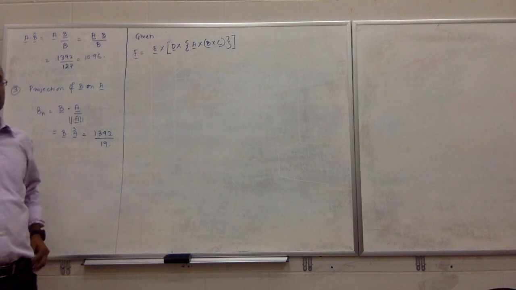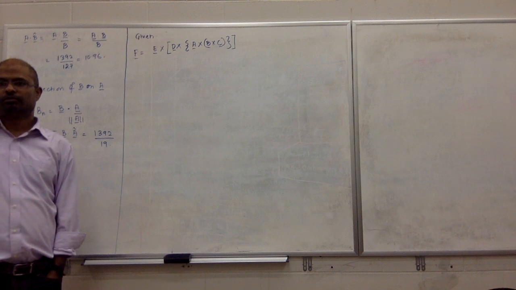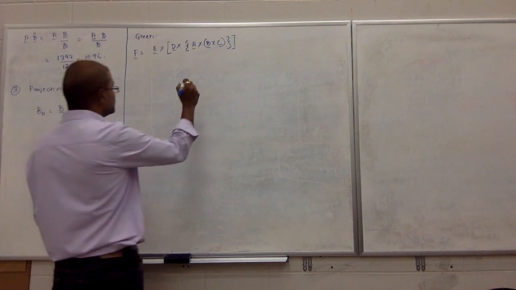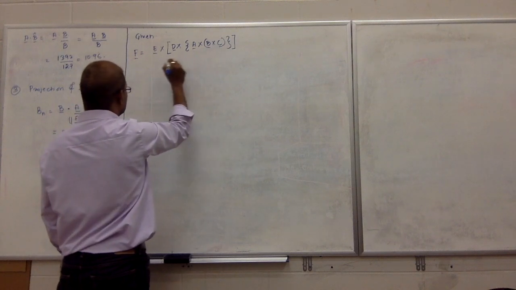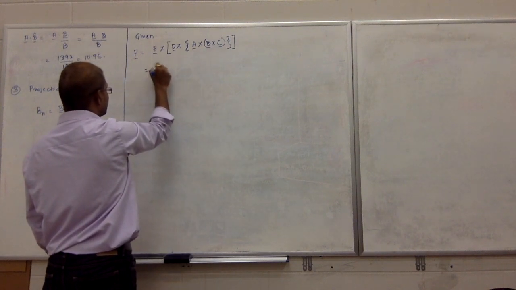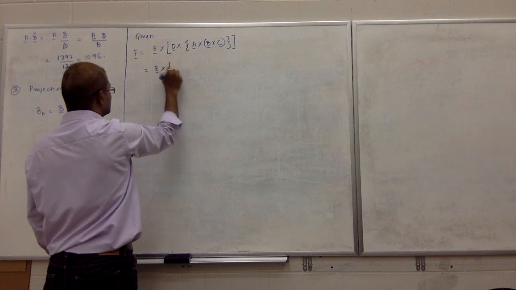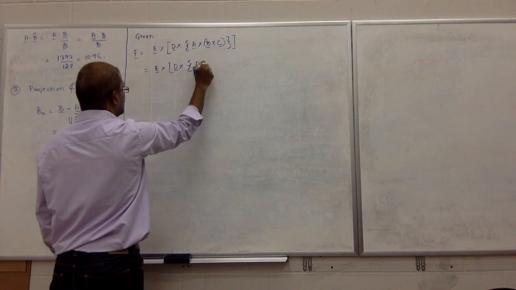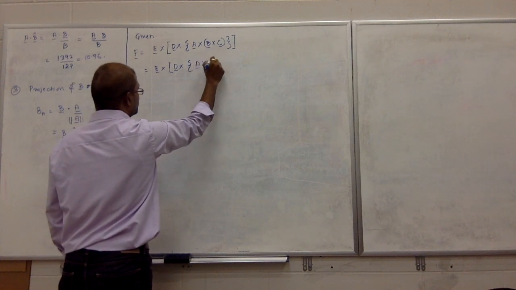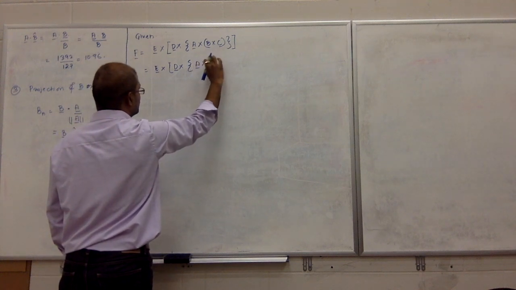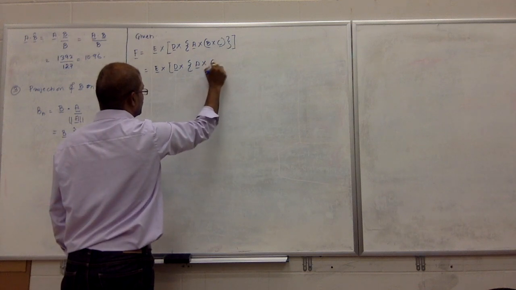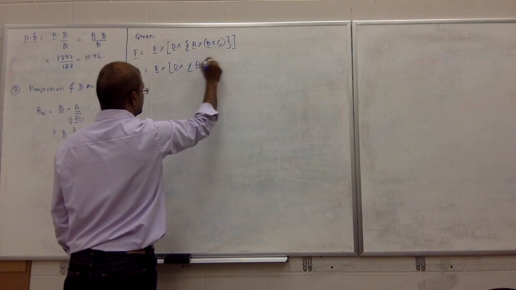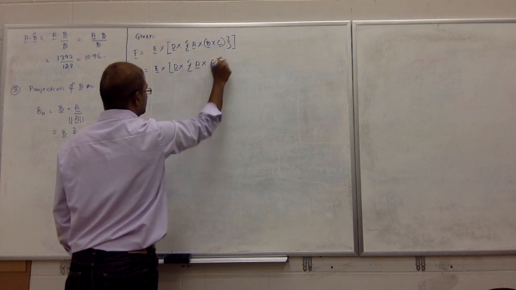Do you solve inside out or outside in? Inside out, you know that, right? So let's say, can I write this as E cross B cross A cross G? What does G represent?